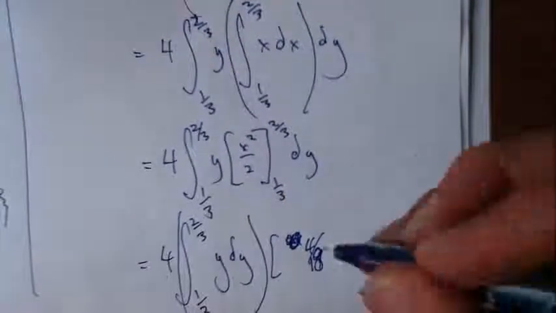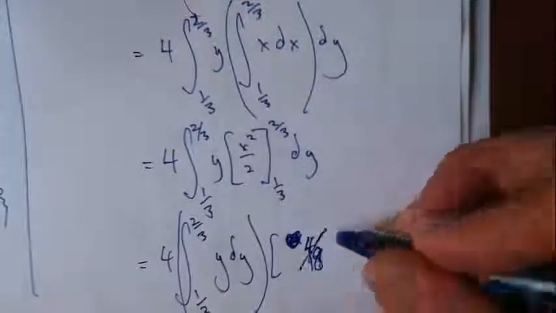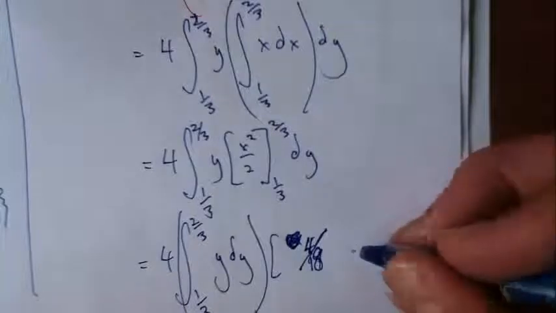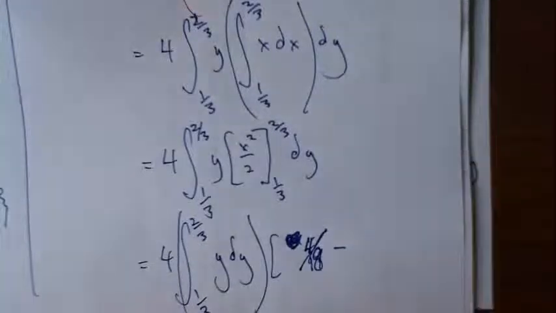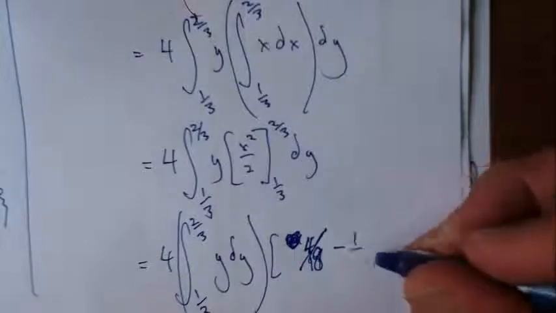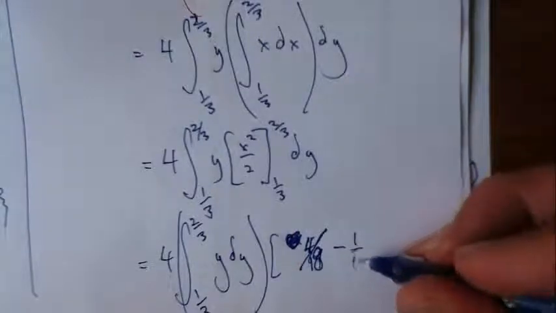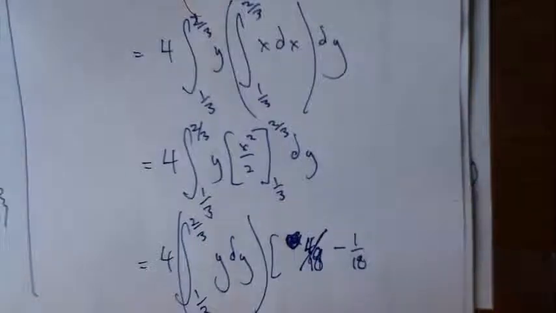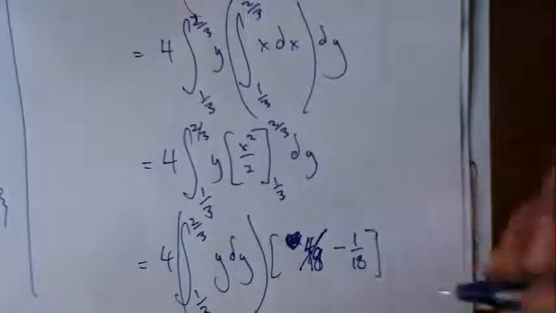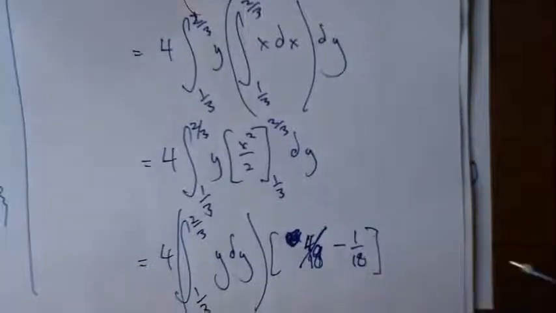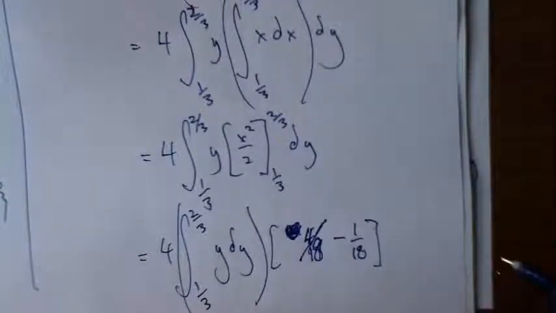Yes. Minus 1/18, I guess. A third squared is a 9th, and divide by 2 is an 18th. Okay, so it's 3/18. 3/18 is 1/6.